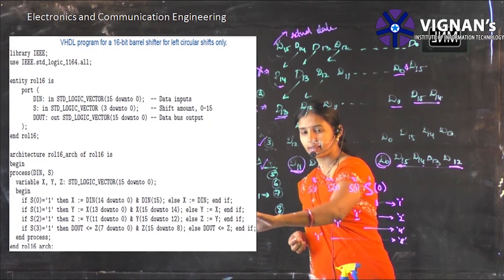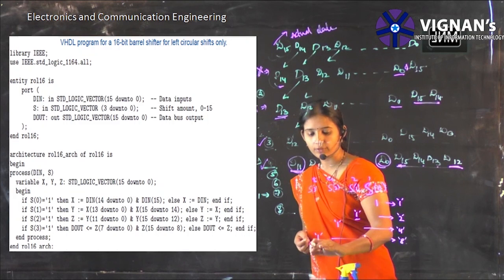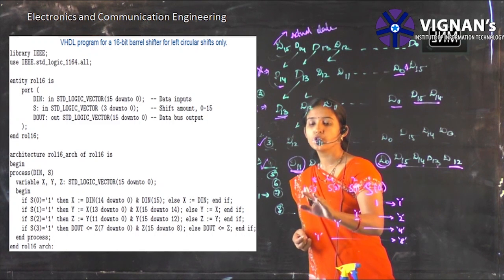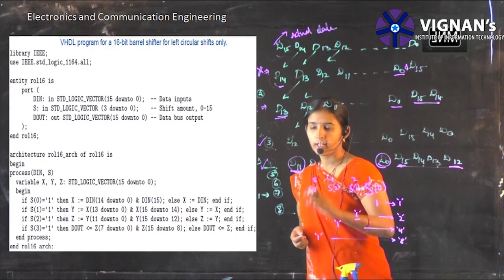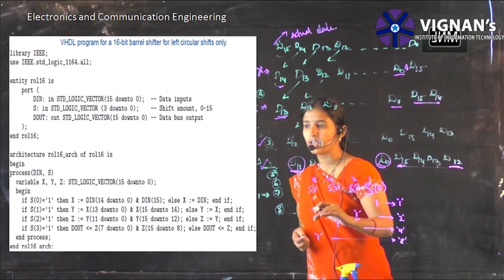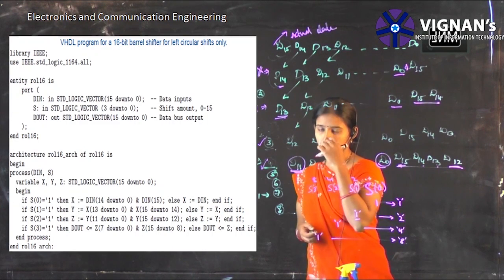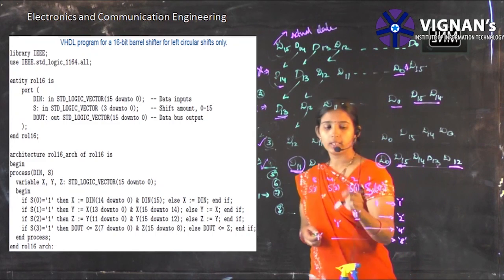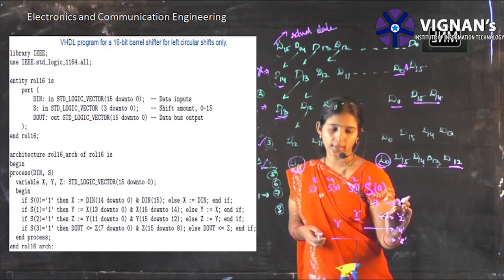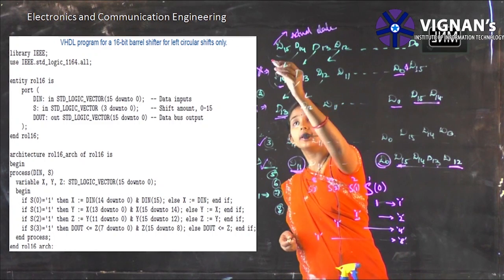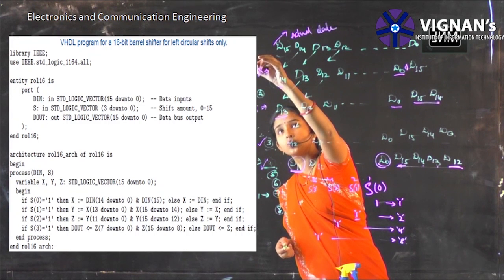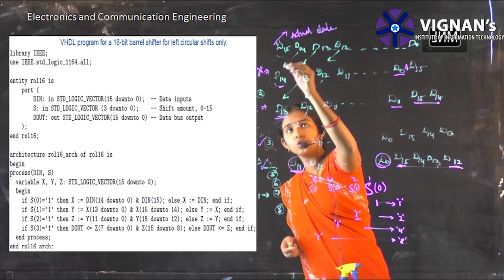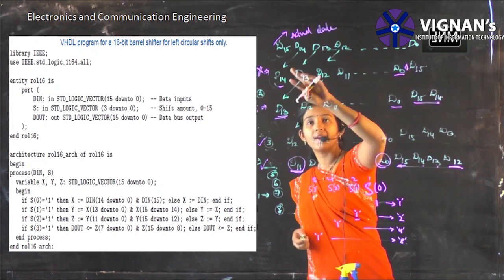Again, if S3 is equivalent to 1, it should undergo 8 circular shifts. If 8 circular shifts occur, you will be left with that. If selection line S0 is equivalent to 1, it will undergo one shift.